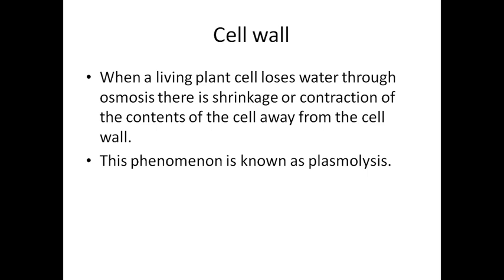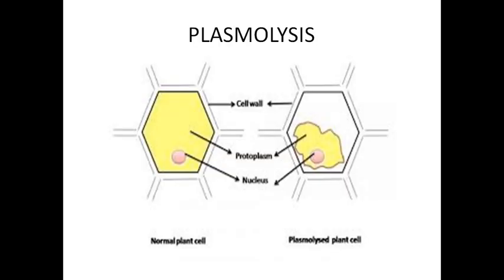Now you put it in a salt solution or a sugar solution. What will happen? There's a shrinkage in the contents of the cell. The cell wall is there, but the other contents of the cell will move away from the cell wall. And this phenomenon that you observe is called plasmolysis.